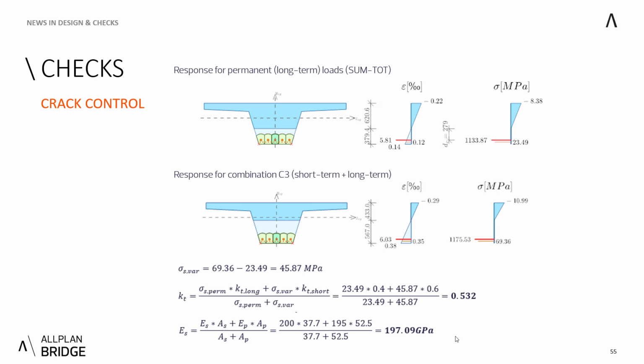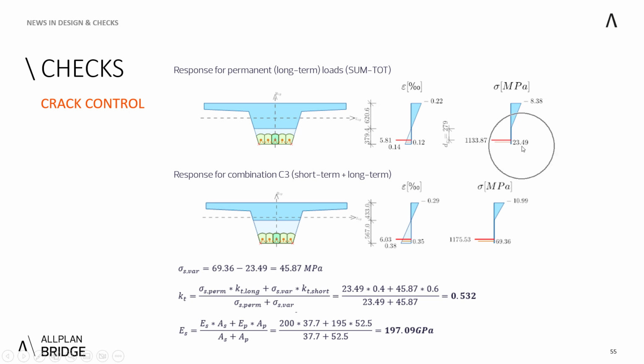Therefore, we need to establish how much is coming from the long term and how much is coming from short term loads. Therefore, I have used this quasi-permanent combination, meaning all the permanent loads and how the response looks like. So I have forced this type of combination into the stress or into the code check to show you how it's plotted.